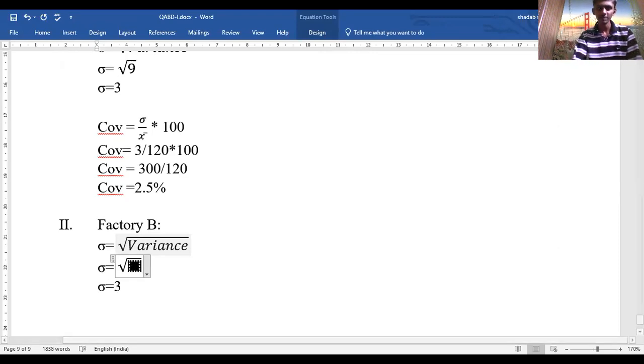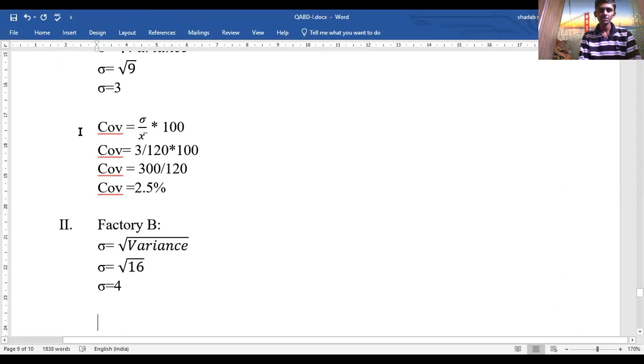In this question they have given 16. Therefore standard deviation is 4 for factory B.